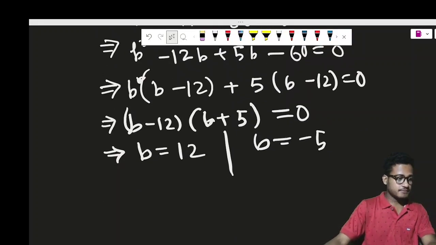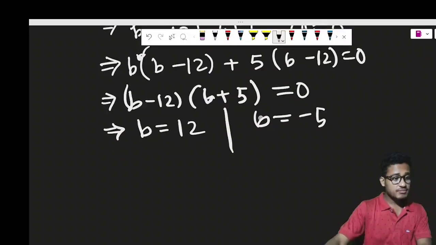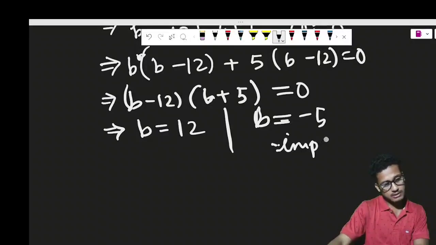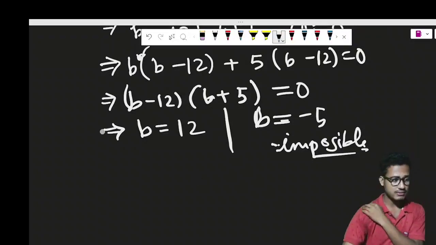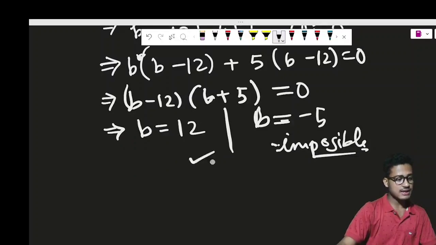Since b is the base and this is the length, and length cannot be negative, this is impossible because distance is not negative. Length is a distance and it is always positive, so this is not correct.